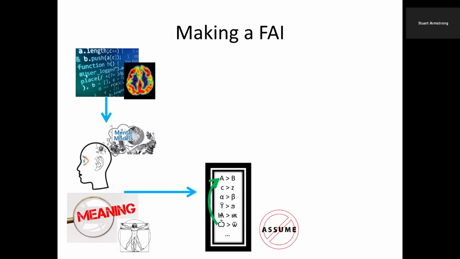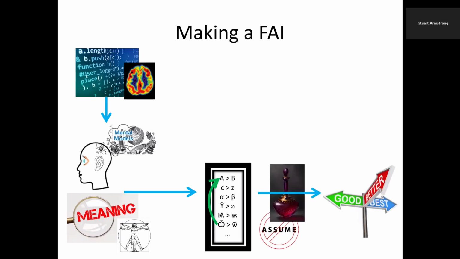So I've gone from the observation that human mental models order things in a particular way to the assumption, the requirement, that this ordering tells us something about what the genuine preferences are. This is sort of my stance. Then, given that and some alchemical, complicated process, we can get the human preferences.